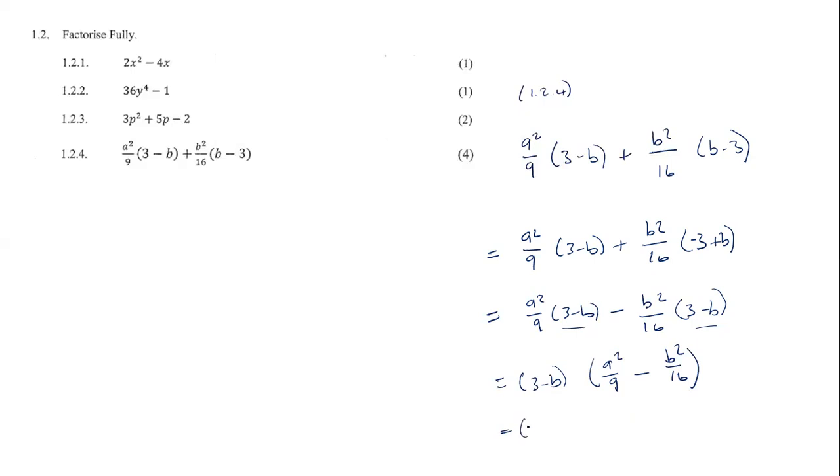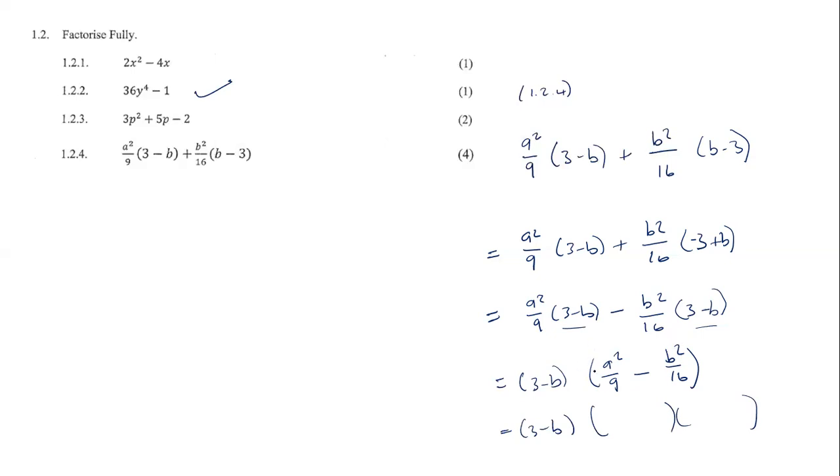Now, because I took 3 minus b as a common factor, can I further factorize this? Yes, there is a negative, and these are the perfect squares. What are you thinking of? Difference of two squares. So I'm going to open up two brackets again. It is taking us back to 1.2.2. So here I see the difference of two squares because I have negative and then I have perfect squares.